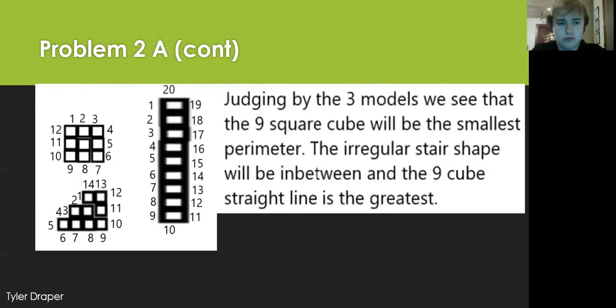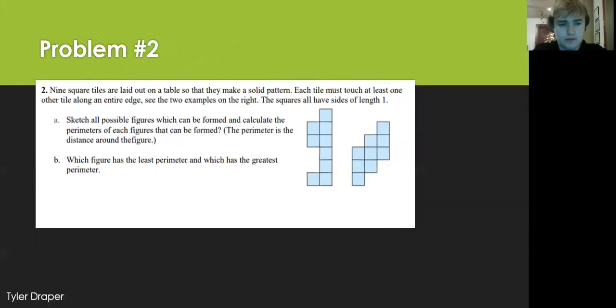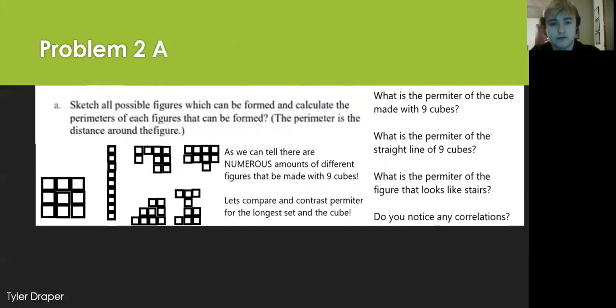Okay, so we answered B. We said which figure has the least perimeter and which has the greatest. So the cube, where it's compact and tight, is going to have the least perimeter. The greatest is going to be a straight line of cubes because we have all this perimeter on the outside. That's going to be counted.